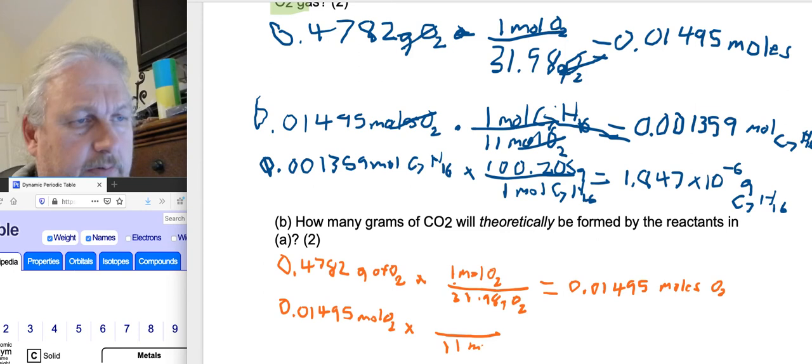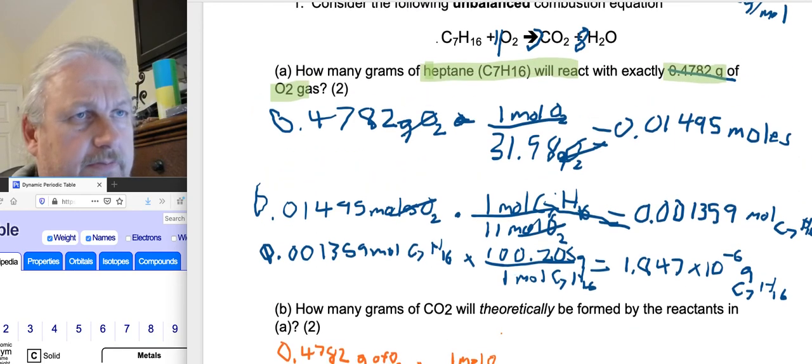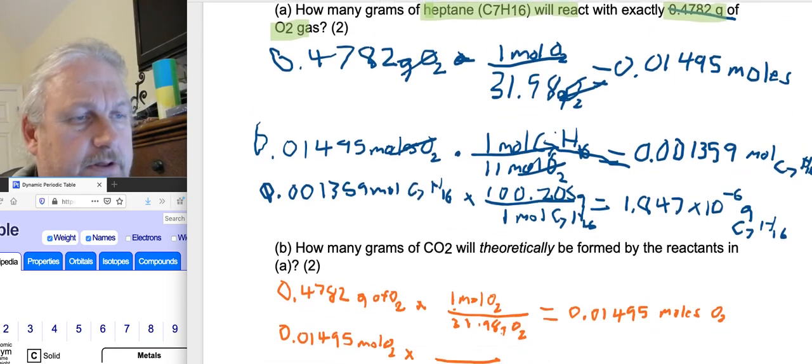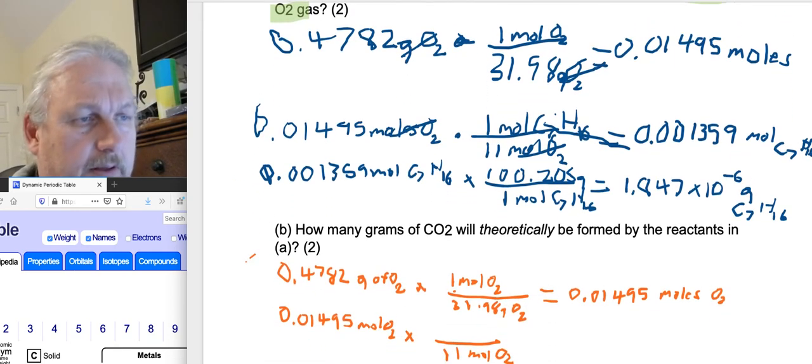The important thing to remember here, guys, is always make sure you have a balanced reaction. They give you grams, convert to moles, and then run your mole ratio to CO2.